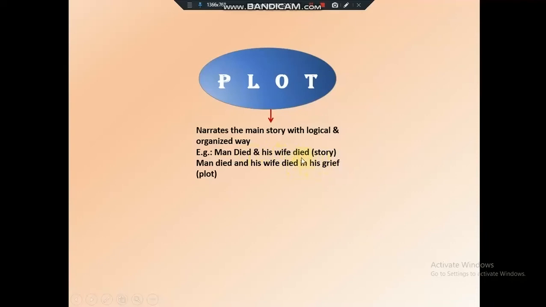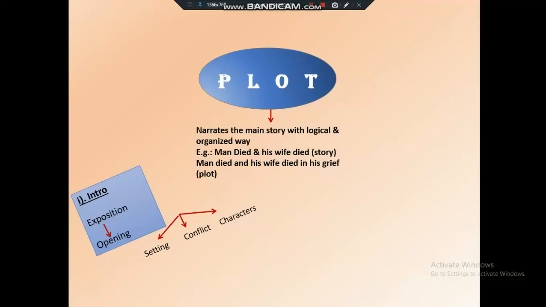So the wife died in her husband's grief. So this is the plot that explains the story in a logical way, in an organized way, or in a proper way. You are given the reasons that the story moves in a logical way, step by step. So this is the function of the plot, again, to explain the events of the story, all the characters of the story in a logical and organized way.